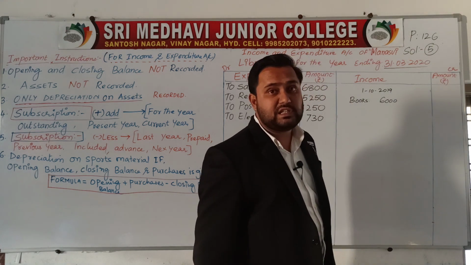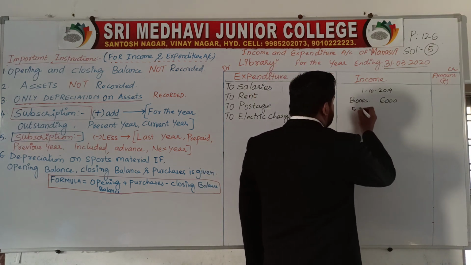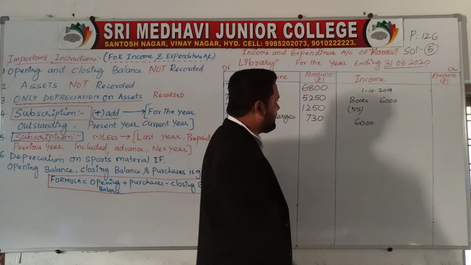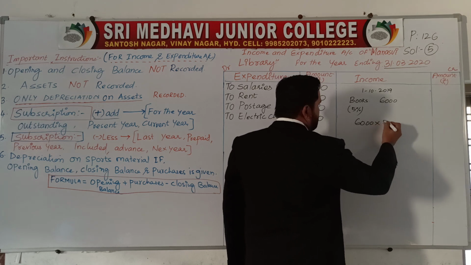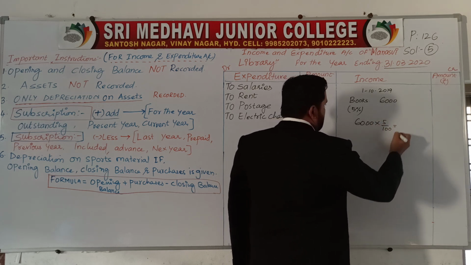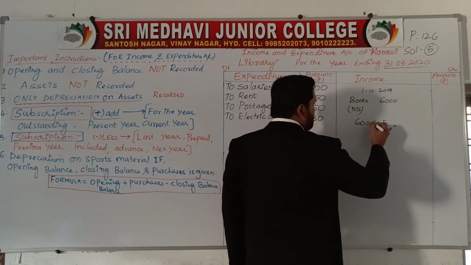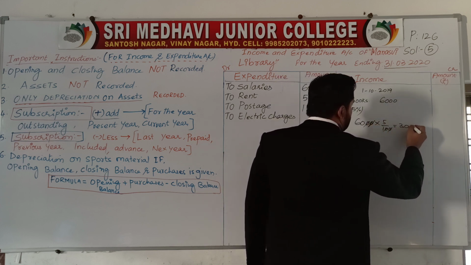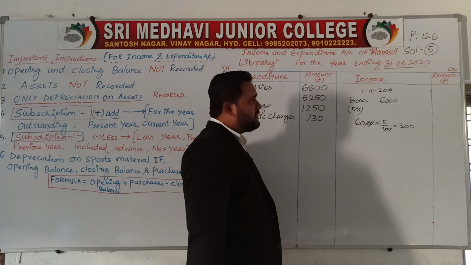Now how much depreciation is given in the question? 5%. So 5% depreciation means 6,000 into 5%, which is equal to, cancelling the zeros, 60 into 5, nothing but 300 rupees.